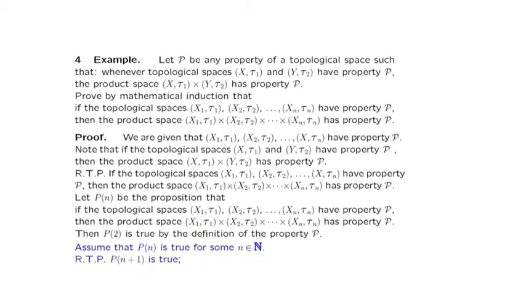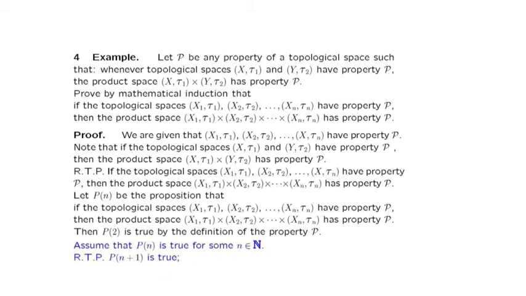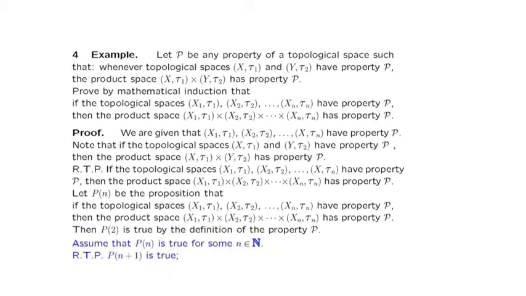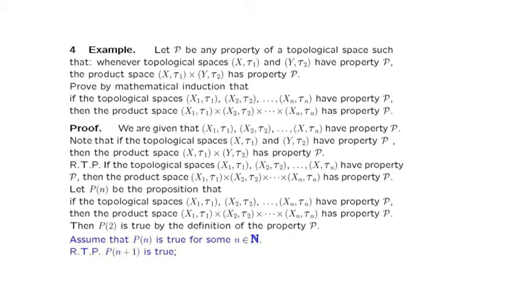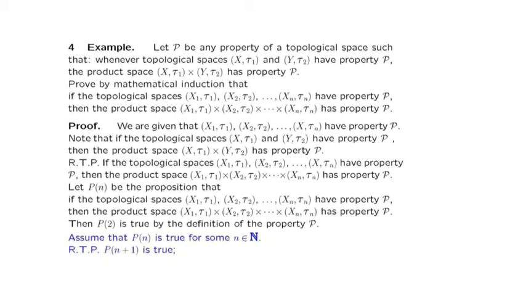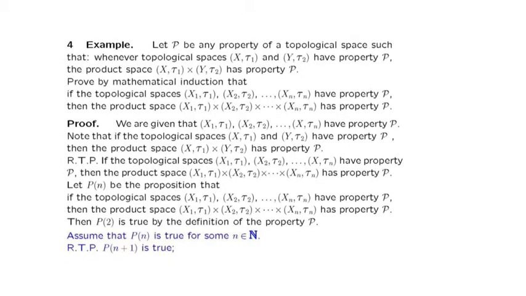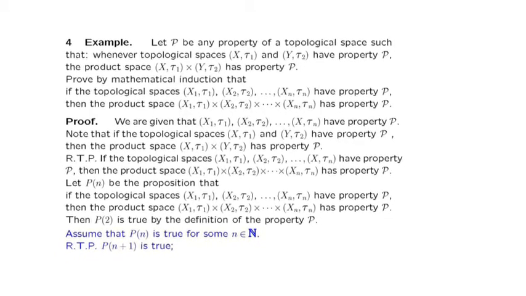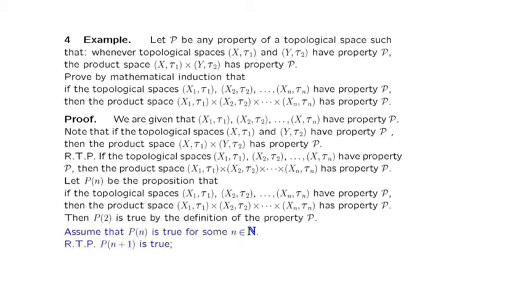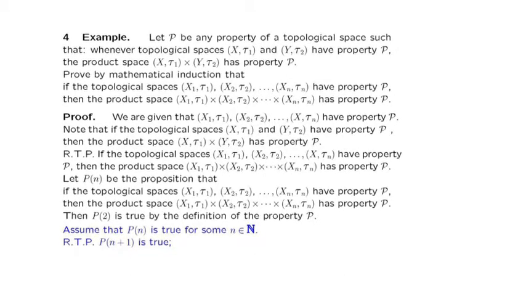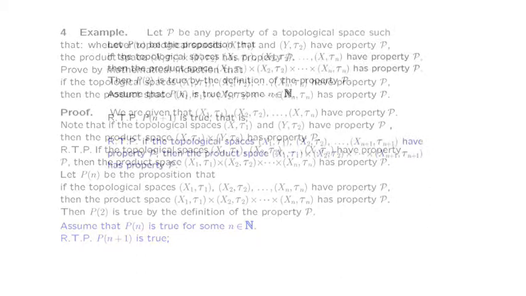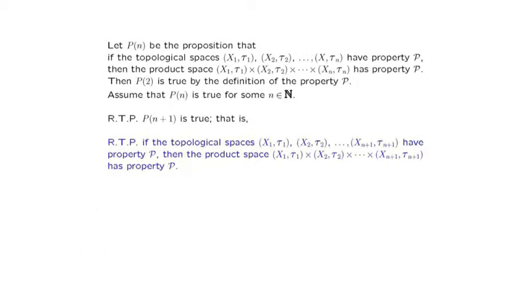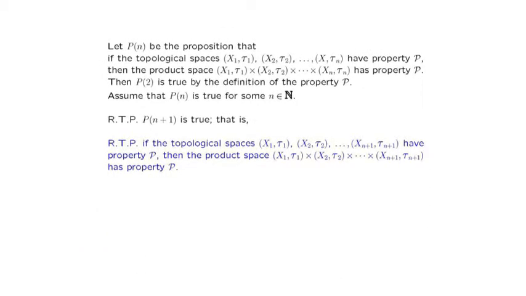The next step in an induction proof is to assume that P(n) is true for some n in N, and prove that this implies that P(n+1) is true. Now what is P(n+1)?